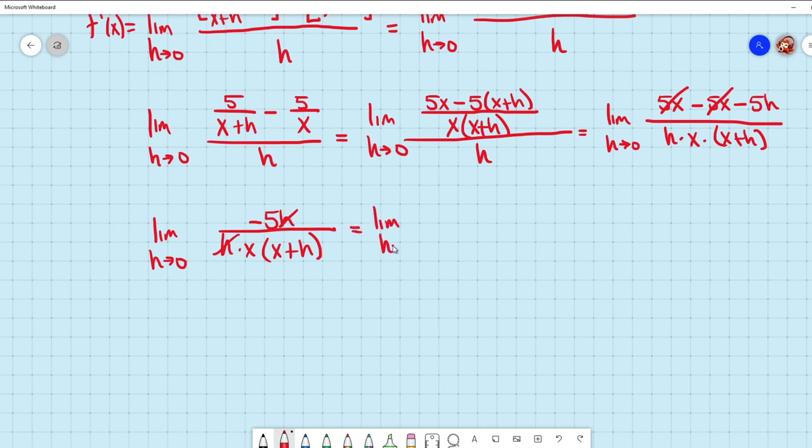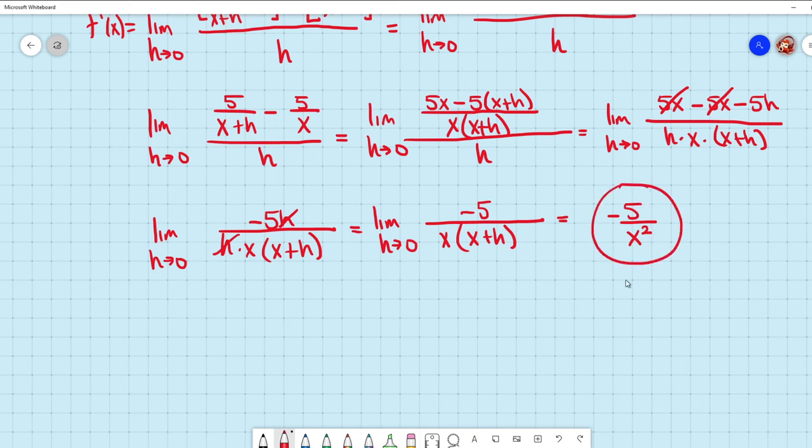That removes the discontinuity that I was going to have, so this is no longer indeterminate. So I can substitute in h is 0, which gives me negative 5 over x squared. So now this is my derivative. By doing it this way, now I have my general form. Evaluating those derivatives is just a matter of plugging in the number.